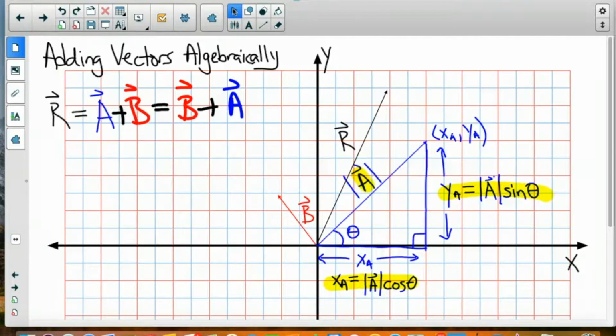And I can do the same thing I did for A to find the x and y components of the vector B.